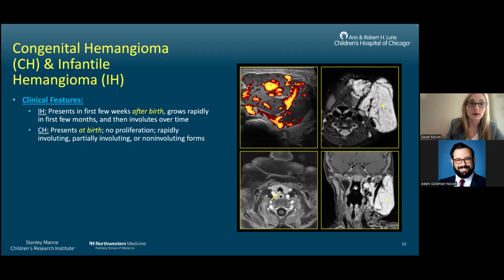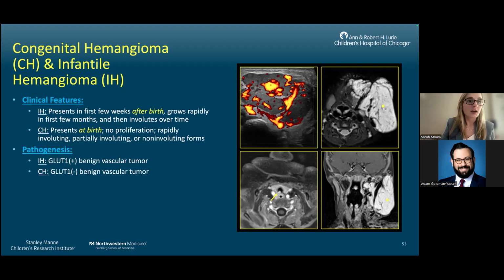They do not proliferate, and then they can either be rapidly involuting, partially involuting, or non-involuting in subtype. Pathogenesis wise, infantile hemangiomas are going to be GLUT1 positive, and congenital hemangiomas are GLUT1 negative. Both entities are vascular tumors, so not vascular malformations like we just talked about, but vascular tumors.